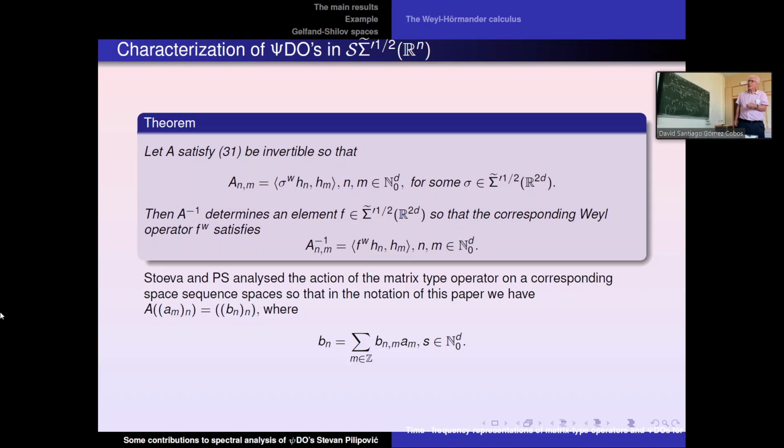So somehow this is proved in several lines. Some details are given, but this is the main theorem.